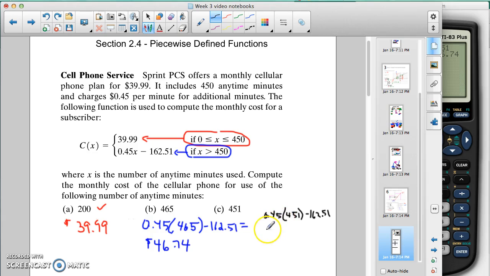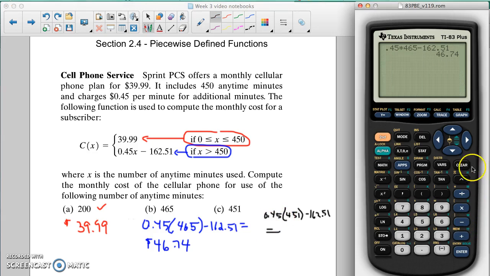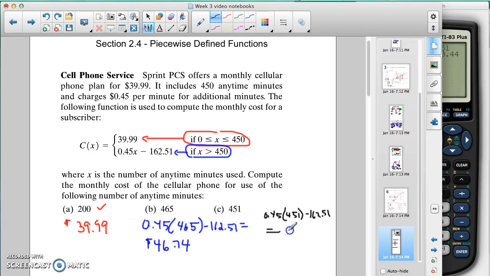If we figure that out on our calculator, we get $40.44. So that would be the value here, $40.44 for one extra minute. It's 45 cents for one extra minute. So this is an example of a piecewise function.